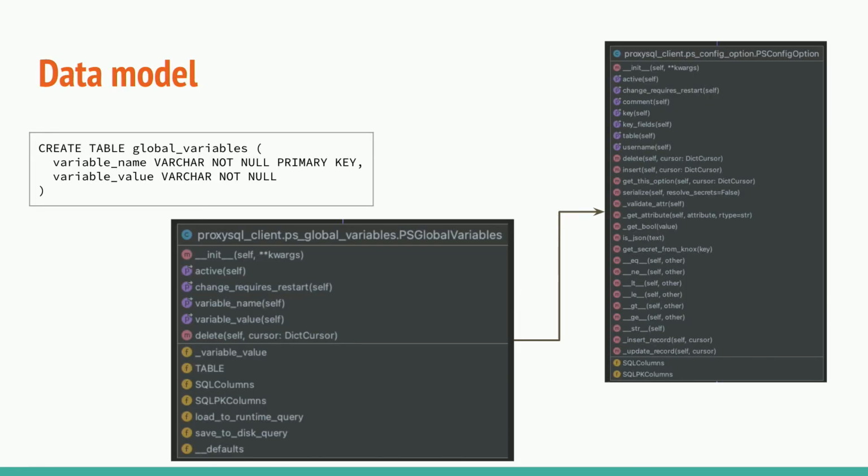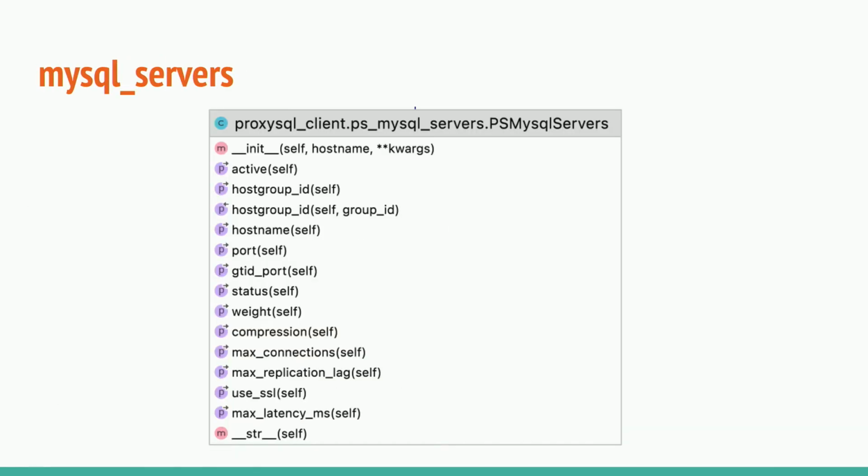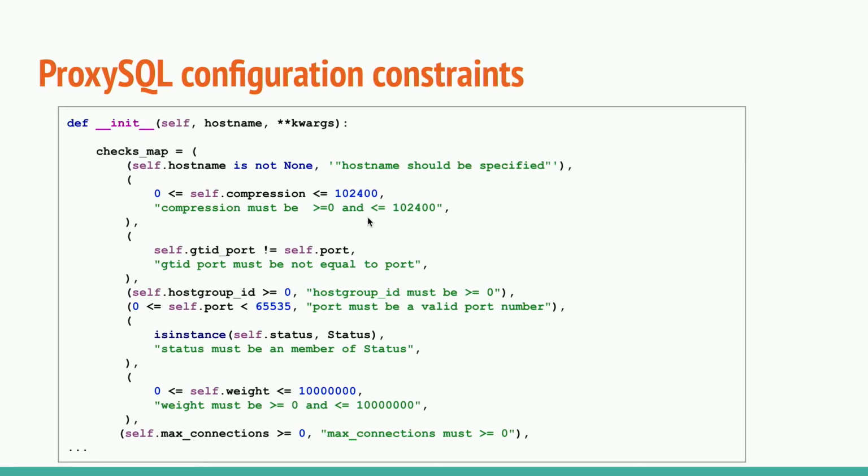Data model: I define the ProxySQL configuration as a hierarchy of classes, and those classes implement properties and methods that I use to work with this configuration. For example, the init function in a class implements ProxySQL constraints.